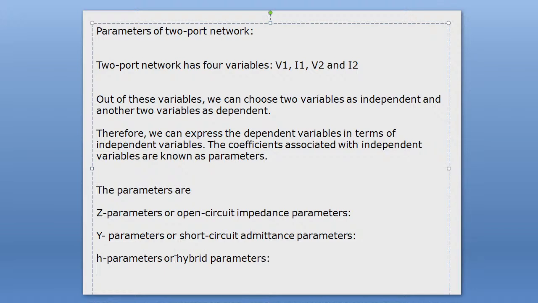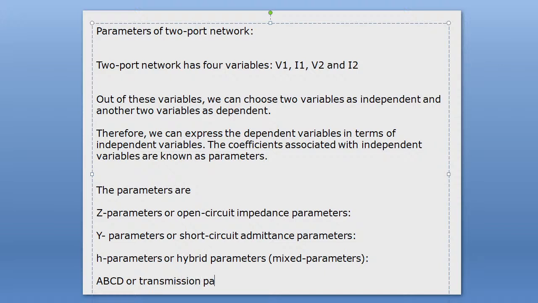And the fourth one is ABCD or transmission parameters. The h parameters, or hybrid parameters, are also known as mixed parameters. The fourth one is ABCD, or transmission parameters.